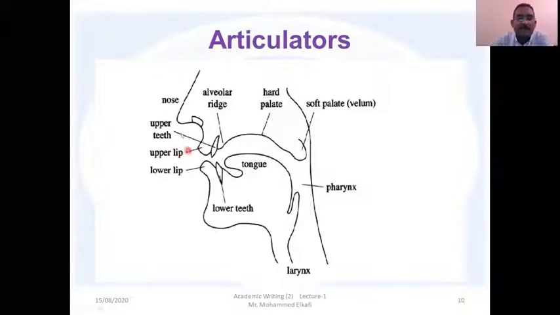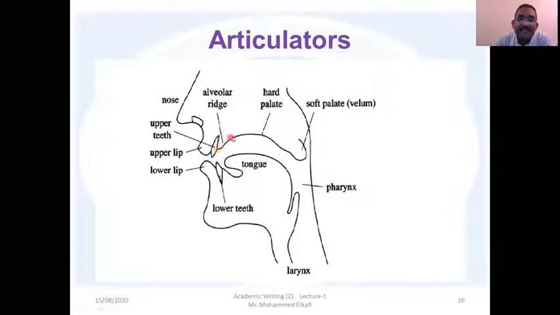Also there are the teeth, the upper teeth and the lower teeth, as you see. And here you can see the nose, which also has an important role in the production of some sounds.